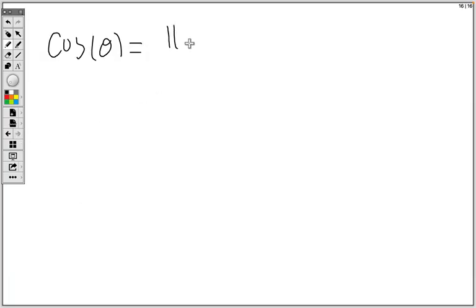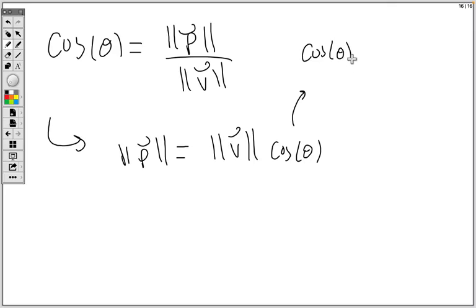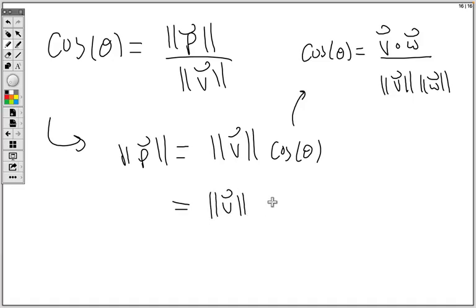That would be the magnitude of P over the magnitude of V. And so the magnitude of P would be the magnitude of V times the cosine of theta. But I know a formula for the cosine of theta. I know that the cosine of theta is V dot W over the length of V times the length of W. So this is how we're getting the dot product involved here.